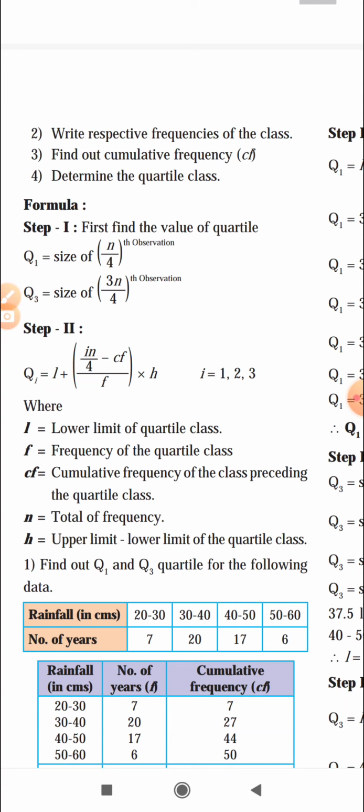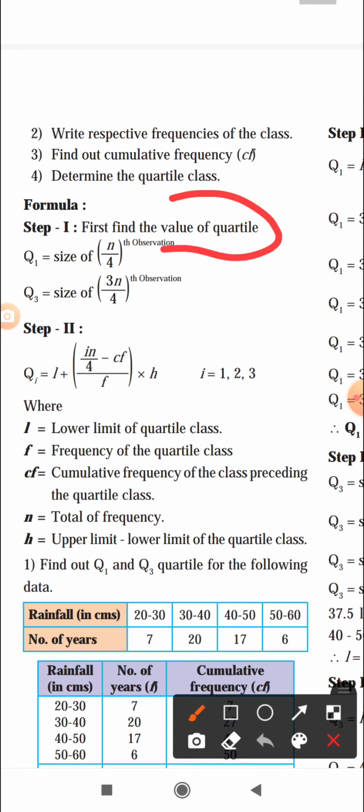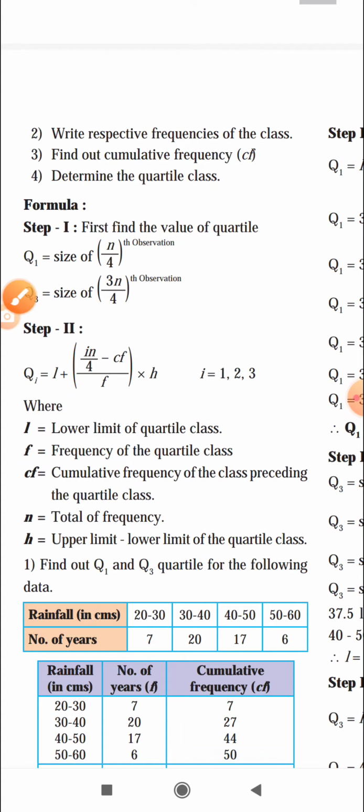F is the frequency of the quartile class. CF stands for the cumulative frequency of the class preceding the quartile class.